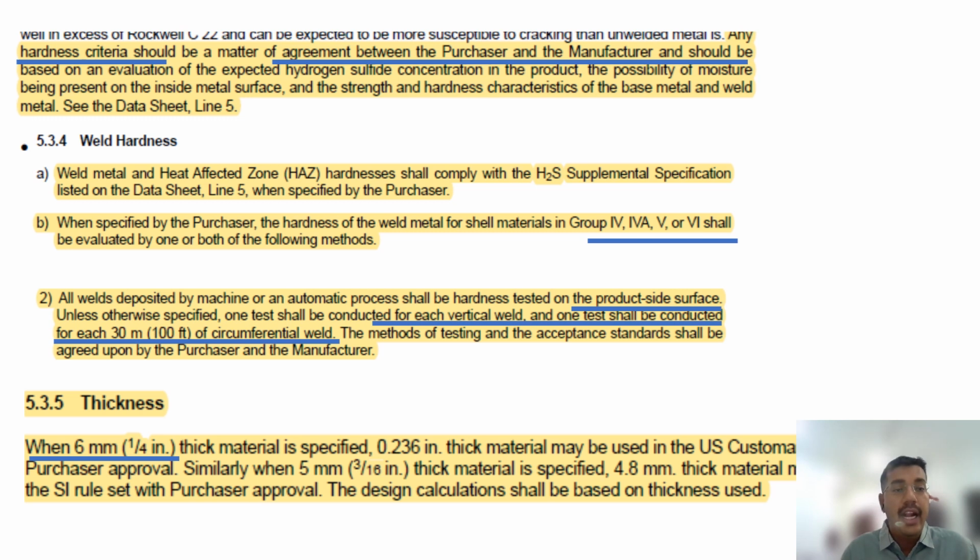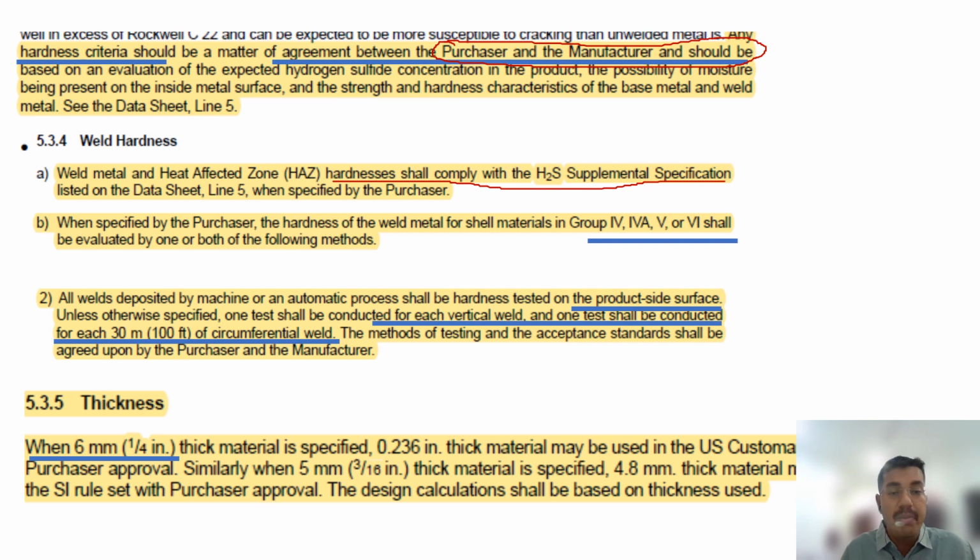Any hardness criteria should be a matter of agreement between purchaser and manufacturer. This again comes to the purchaser's account. If there is any requirement for hardness, the purchaser and the manufacturer have to decide if it is required or not, and what the hardness requirements are. Weld metal and heat affected zone hardness shall comply with H2S supplemental specifications.